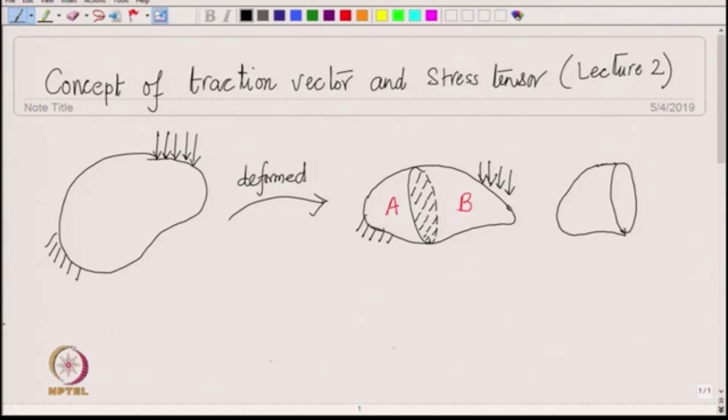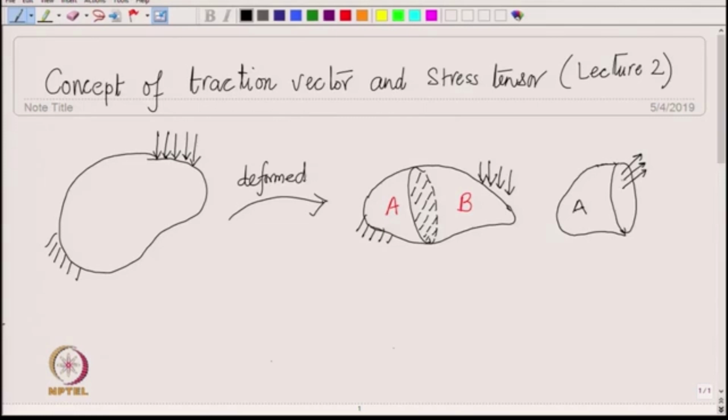On this section, which was an internal section of the whole body, part B is going to exert some force on part A, and that force would be distributed through the section. That force could be something like this.